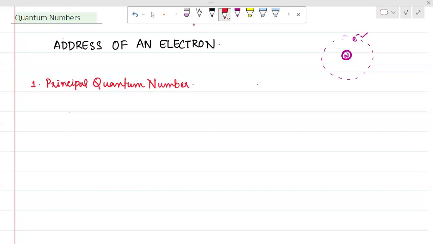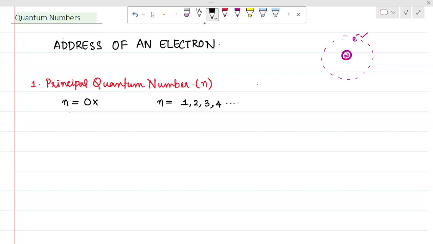The principal quantum number is represented by small letter n, and the value of n can start from 1. It cannot start from 0. n cannot be equal to 0. n can be 1, 2, 3, 4, and so on.